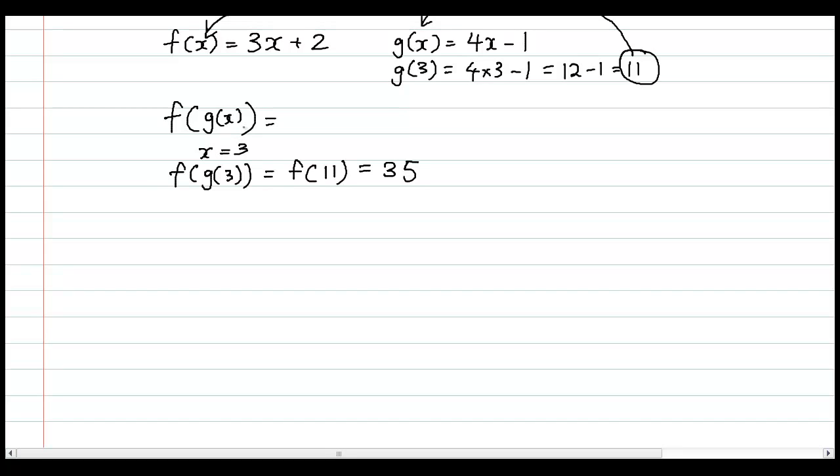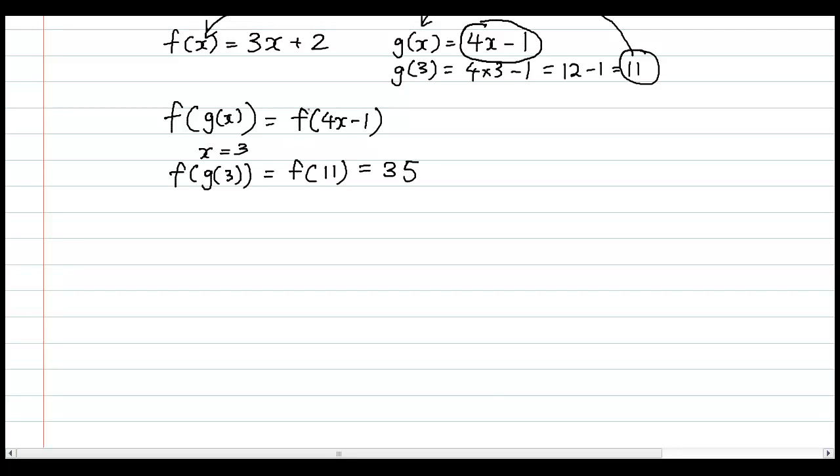Now I can also write out this composite function algebraically by substituting the equation for g of x inside the f function. So then it becomes f of 4x minus 1.